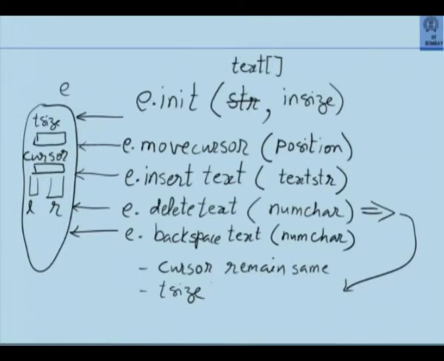So T size will be equal to T size minus numchar. Agreed? You said nothing changes in the stack. Is that correct? So cursor remains same, left stack remains same.